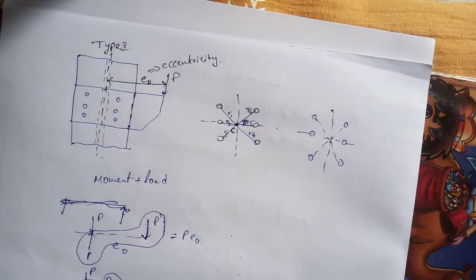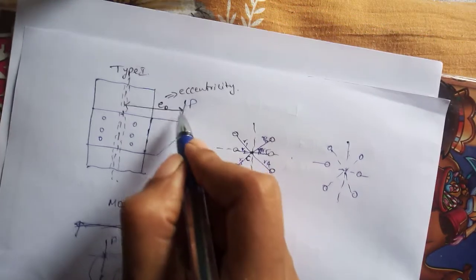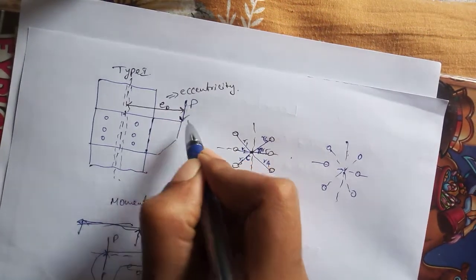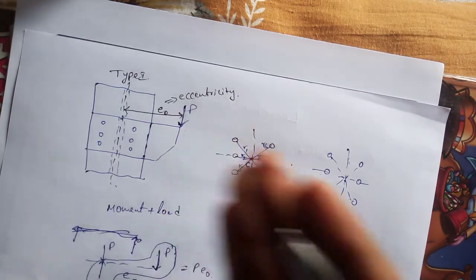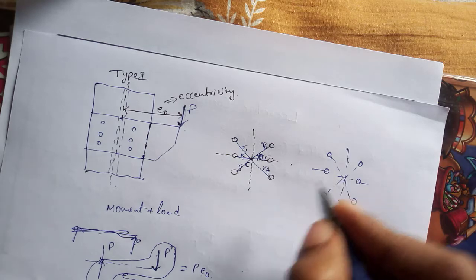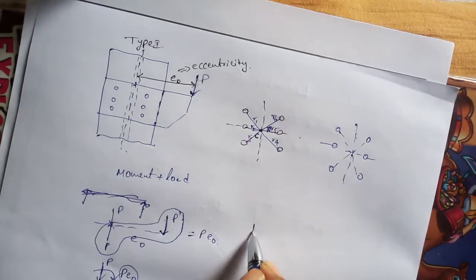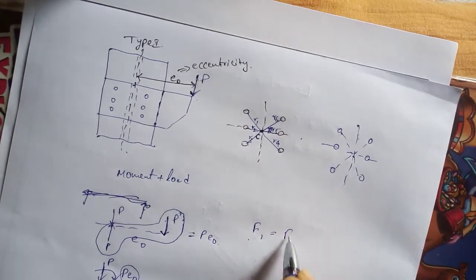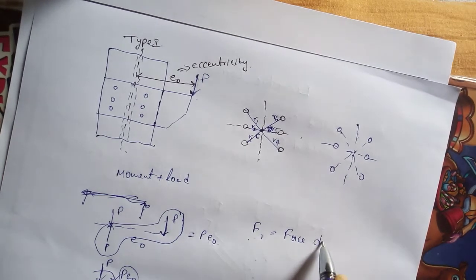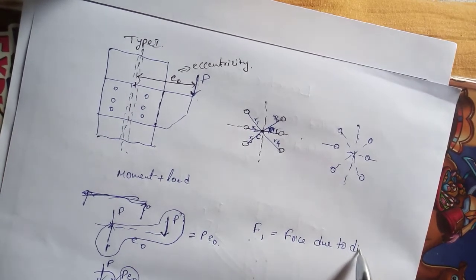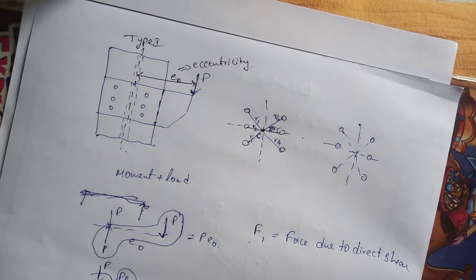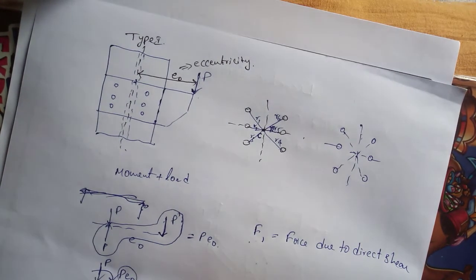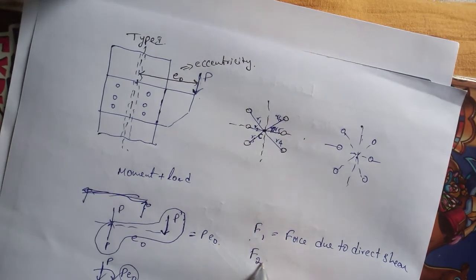Now to represent that, exactly opposite reaction resistance forces will act in each bolt. That force I am going to represent with F1. This F1 is the force due to direct shear, and in this case the moment will be called torque.